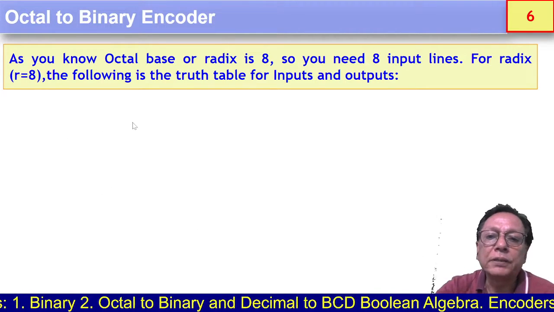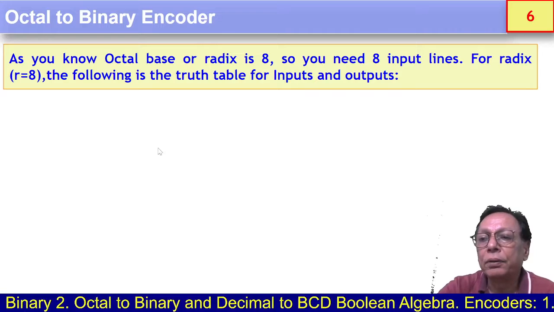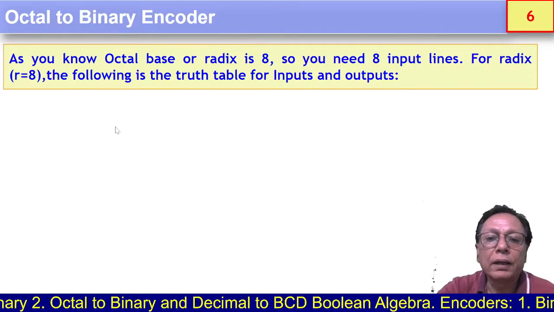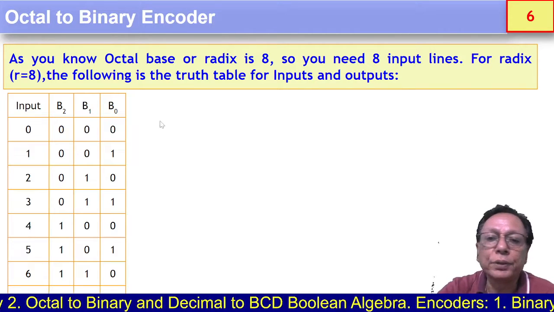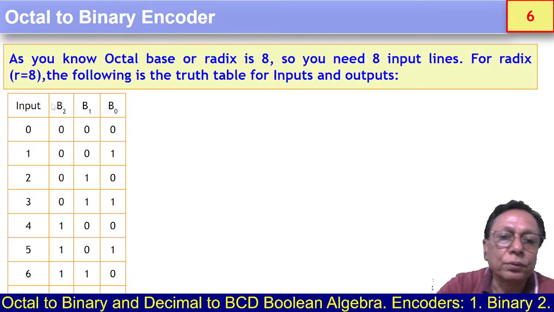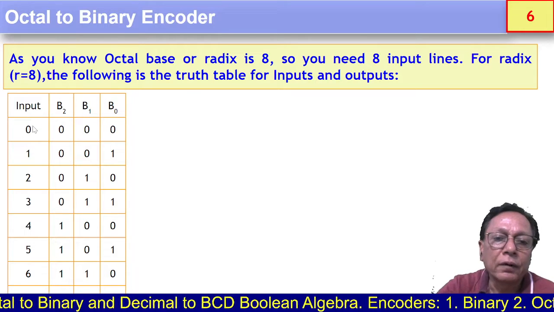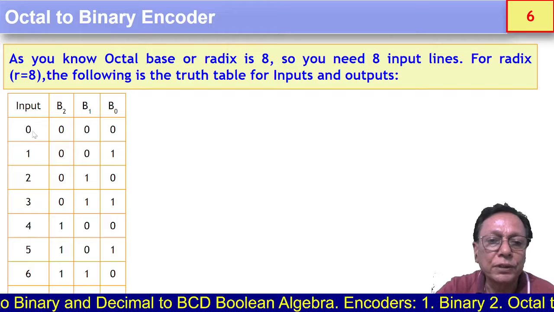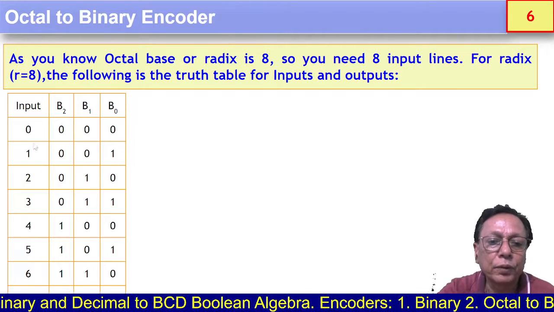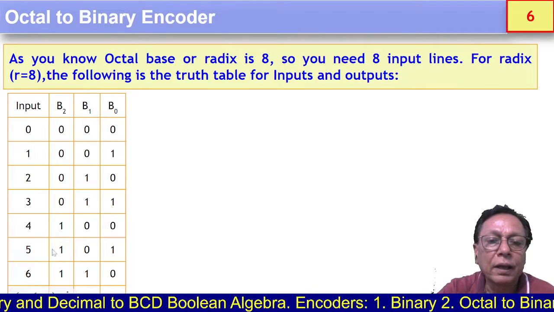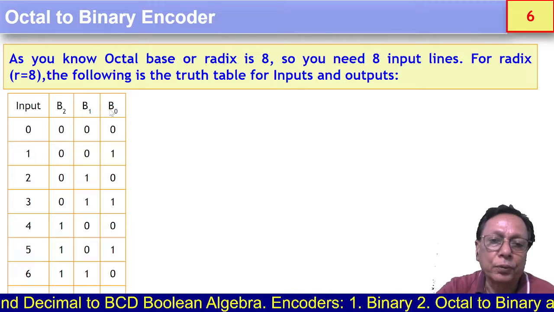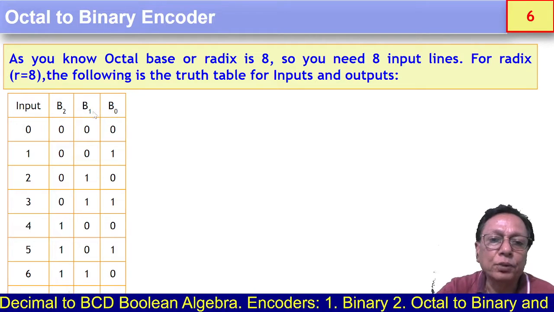As you know, the octal base is 8, so you need 8 input lines, and for that I am going to create a truth table. For the truth table, I should have 8 inputs, 0 to 7, and these are the output lines, B0, B1, B2.